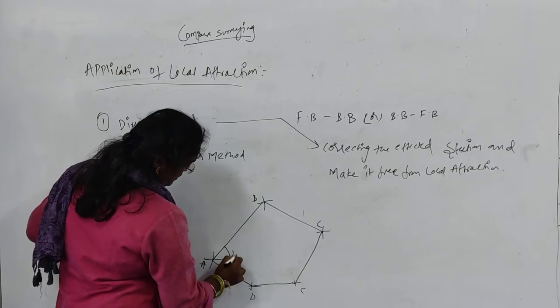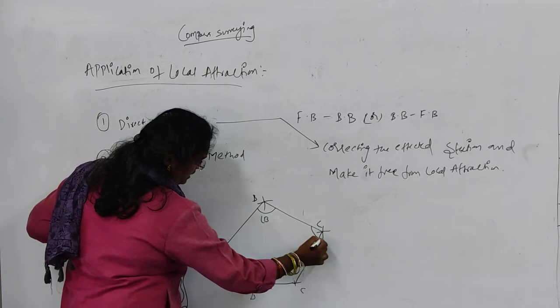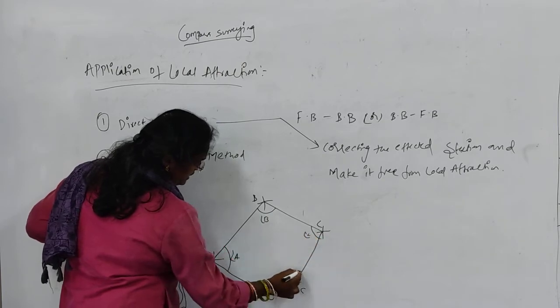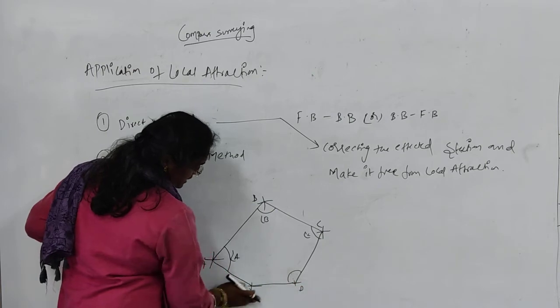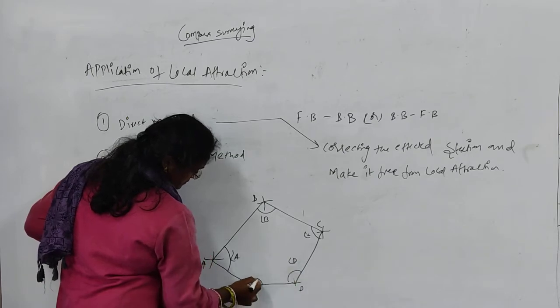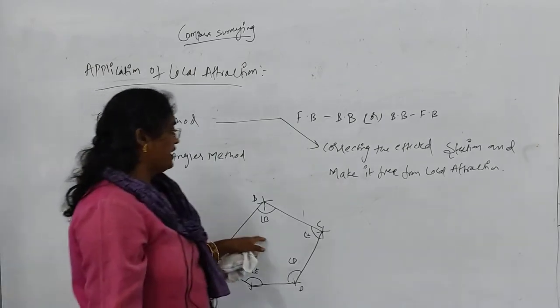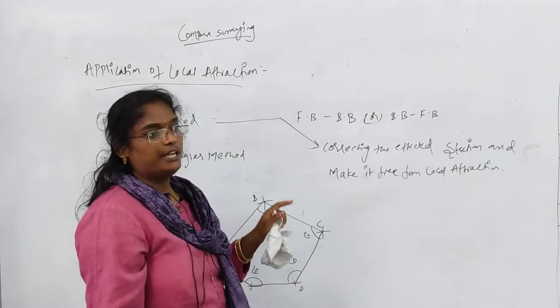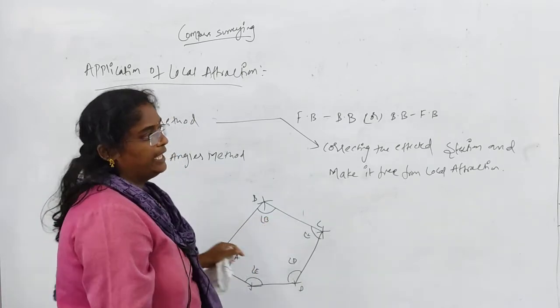Here is the included angle A, here is the included angle B, here is the included angle C, here is the included angle D. So what we have to do here? How to find the included angle?